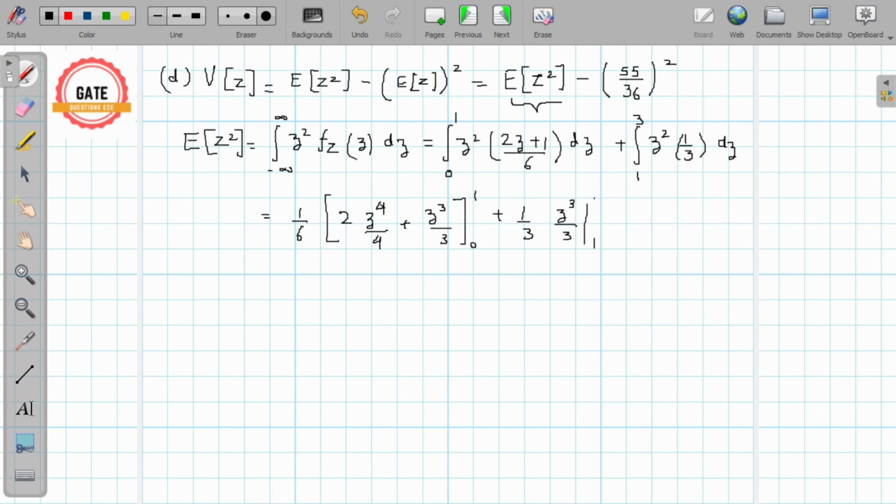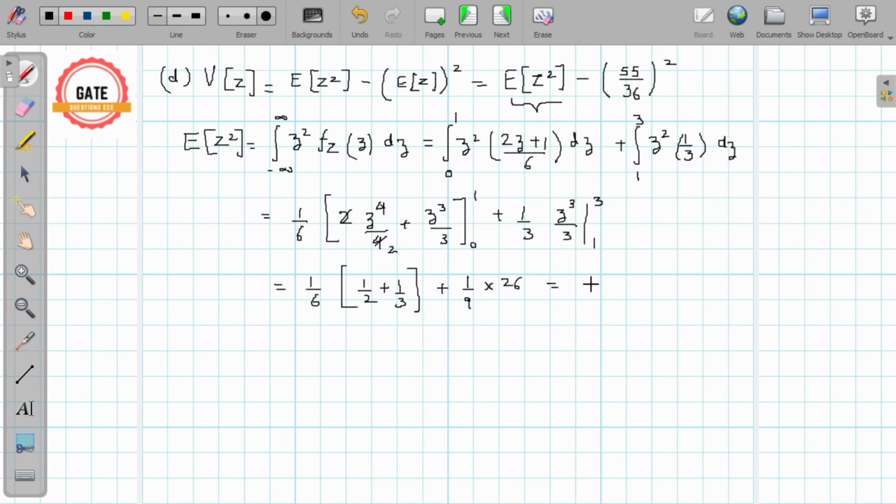Lower limit 1, upper limit 3. So this will cancel out and it will be equal to 1 by 6 times. Only upper limit will give us non-zero values. So we will get 1 by 2 plus 1 by 3. Lower limit will give us 0. So plus 1 by 9. Upper limit will give us 27 minus 1. It will be 26.